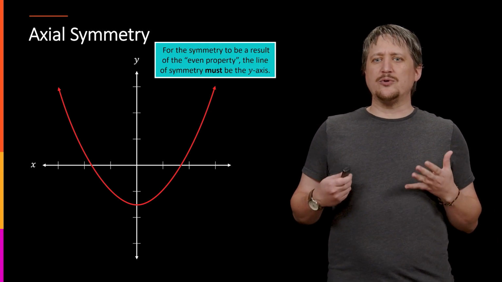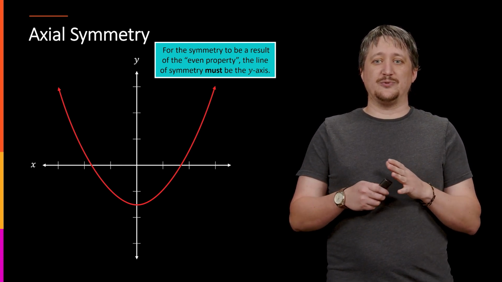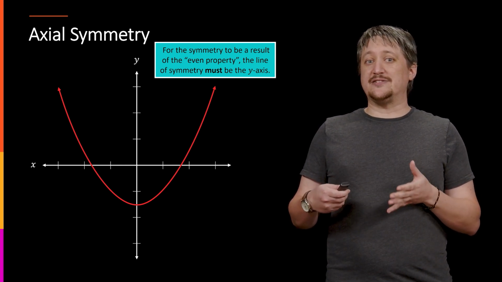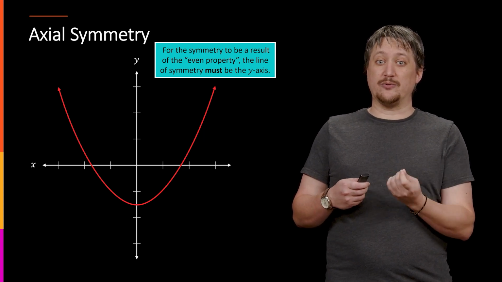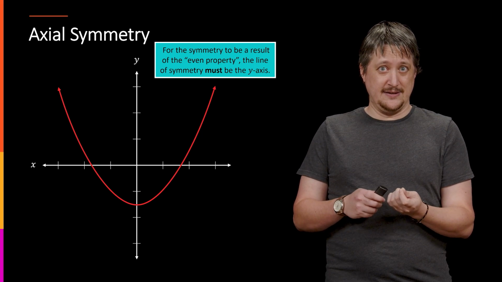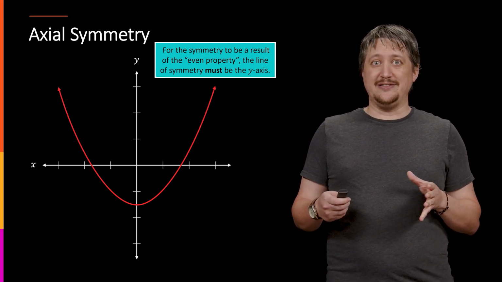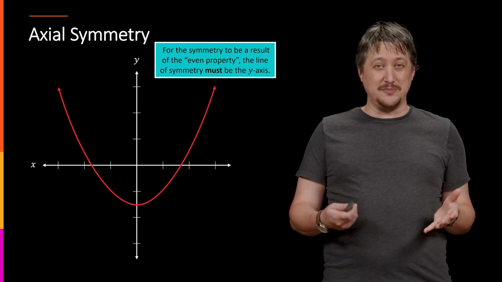So in order for the symmetry to be this even property that we're going to be talking about, we need it to be axial symmetry, but that axis, the thing that we're going to spin it around, has to be the y-axis specifically. Even if we took the same shape and moved it, it should have the same symmetric properties in some sense.